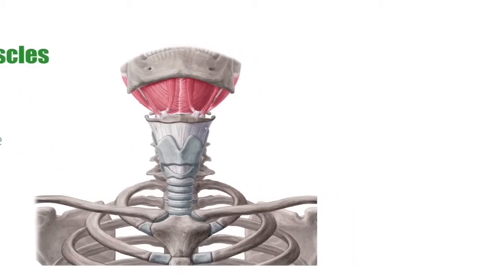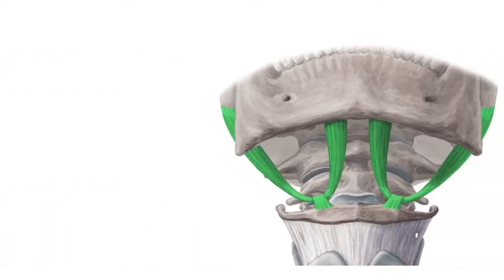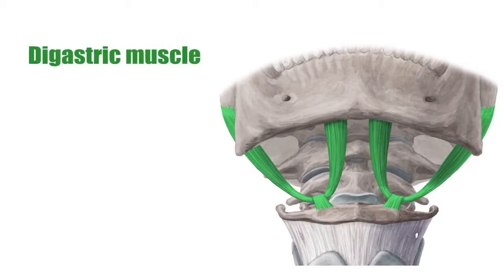Now we're going to start off with this one that you see here highlighted in green. This is known as the digastric muscle, and it consists of two parts, Latin for two bellies, digastric, which are separated by this intermediate tendon that you see here.